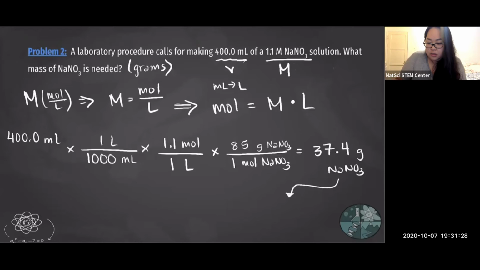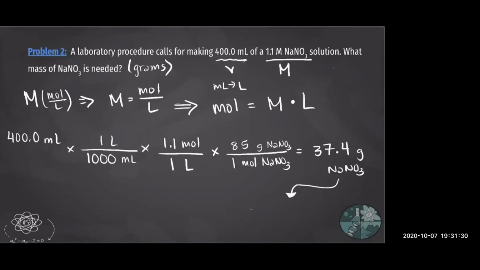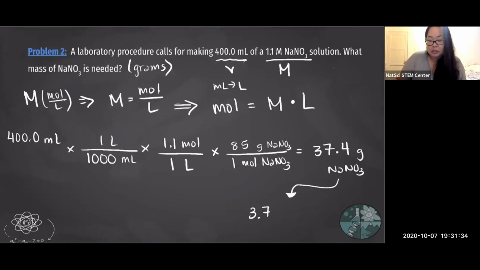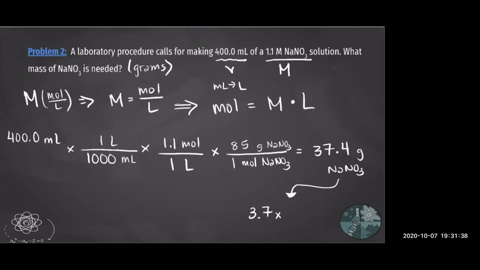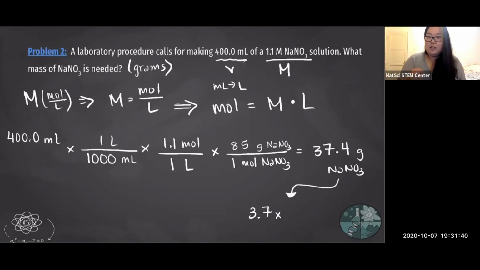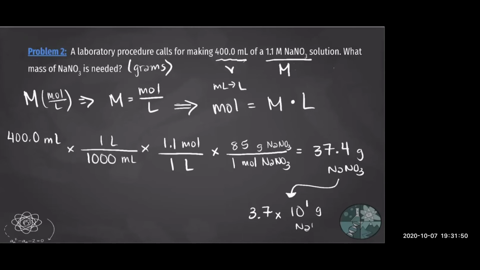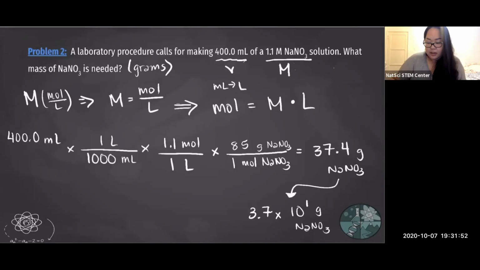So how would you do 2 sig figs for this? You would round it to 37, sorry, my bad. You can leave it as 37, or you can do 3.7 times 10 to the 1 grams. Yeah, it's the same thing.